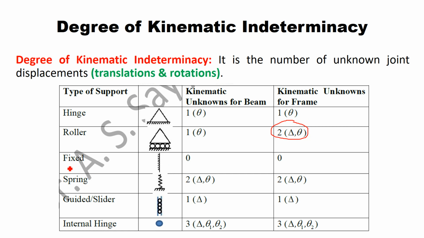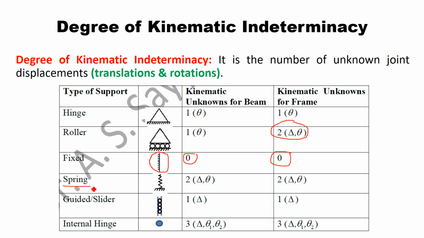Third support is fixed support. If fixed support is provided at any point, it means there is no translation, no rotation, so degree of kinematic indeterminacy is 0 at fixed support. No rotation, no translation allowed at fixed.